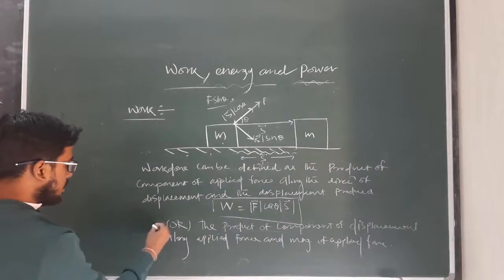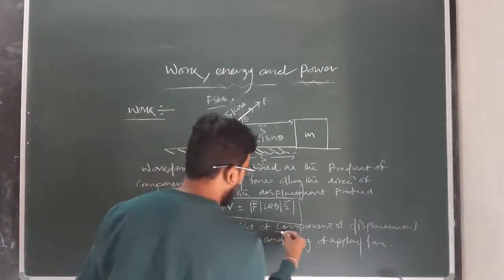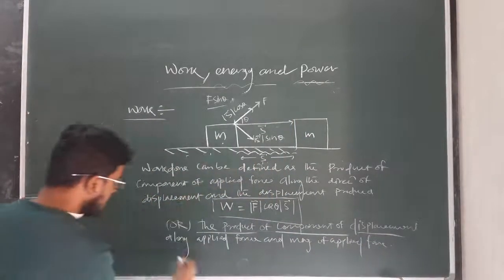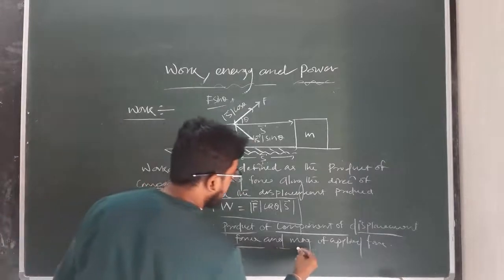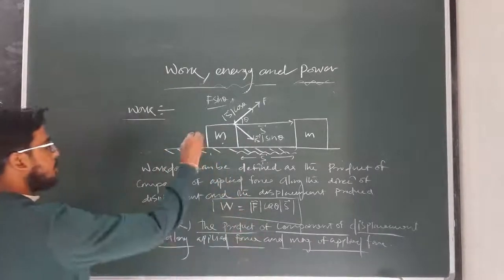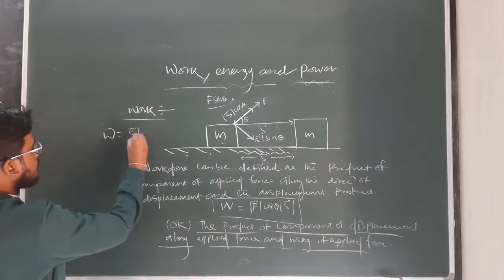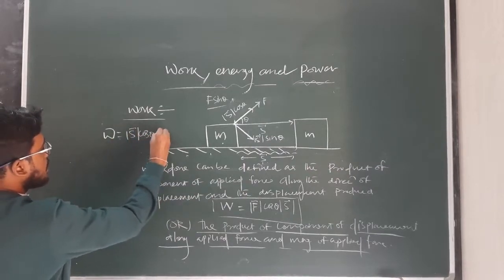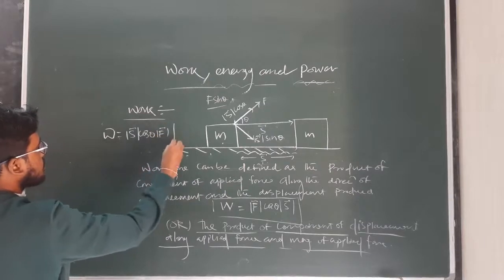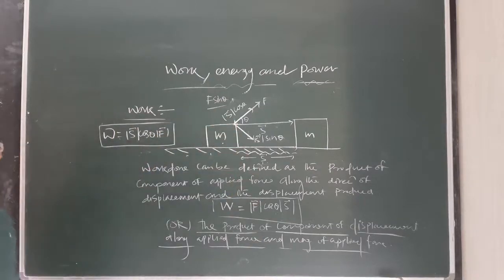So according to this definition, the product of component of displacement along applied force and magnitude of applied force can also define work. So here we also can write W equal to S vector mod cos theta into F vector mod. So this is also the work done that we can define.